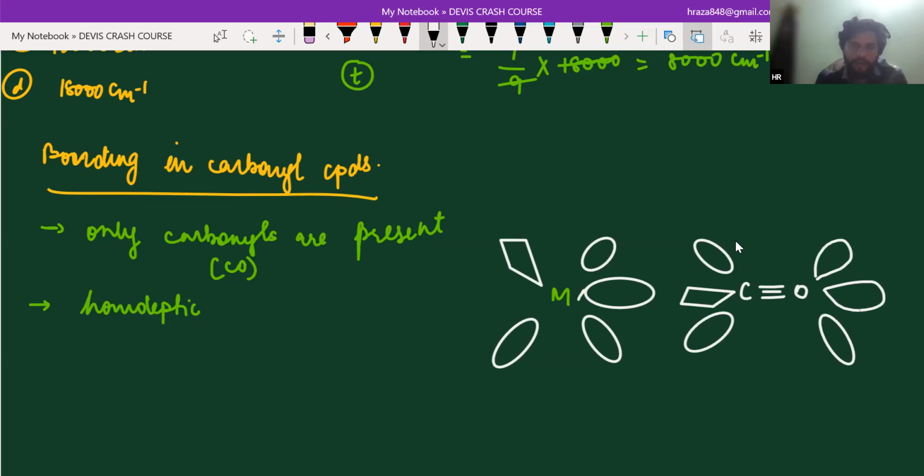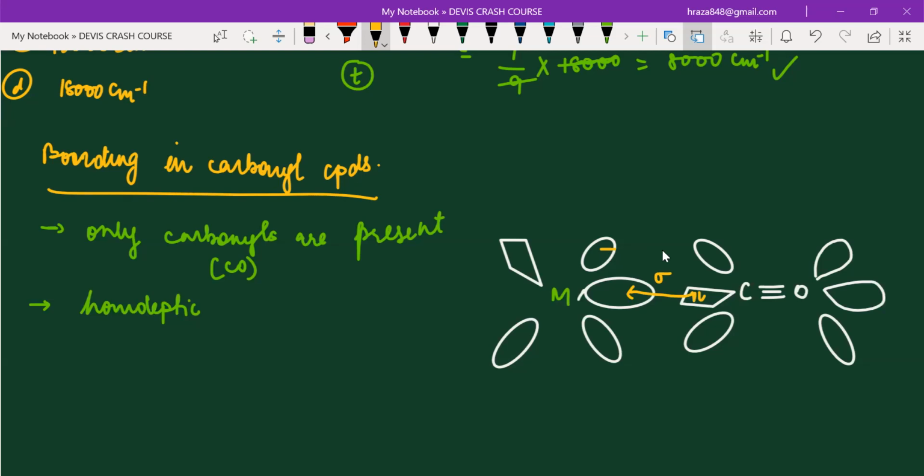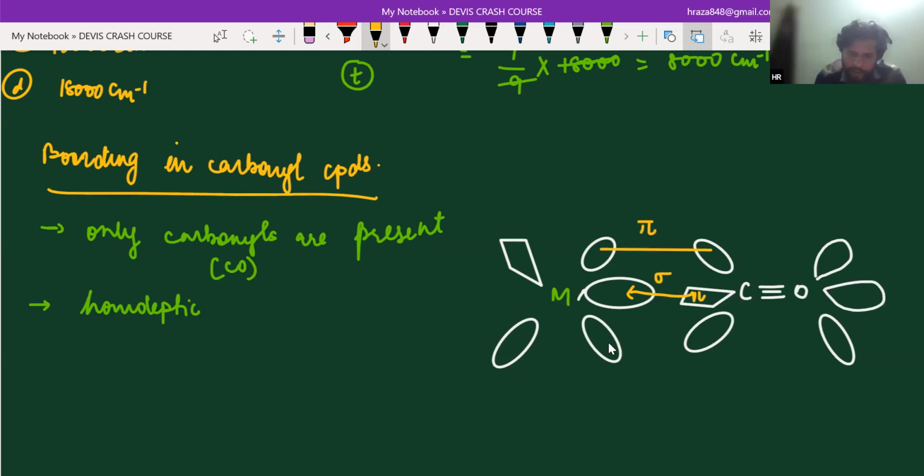Now see what will happen here. First of all, this carbon has a lone pair that donates directly to the metal and makes a bond, that is a sigma bond. Then the metal bonds with this, making a pi bond, and again this has two electrons that make a pi bond.